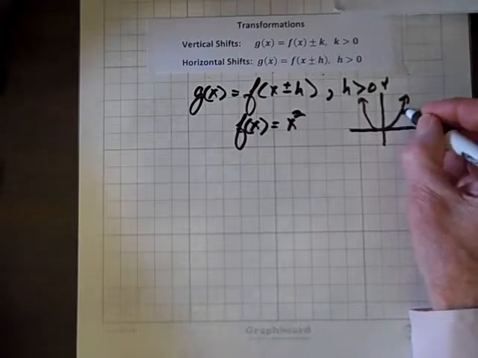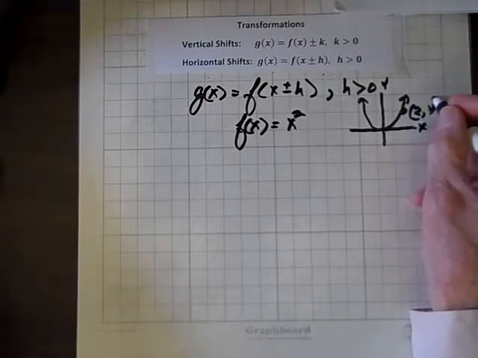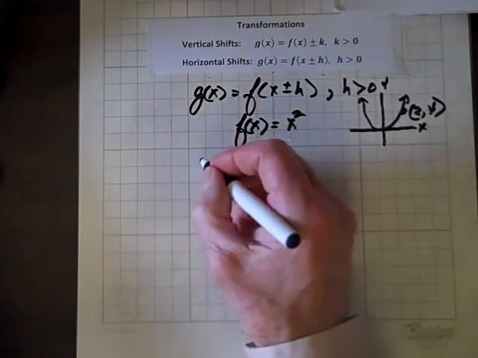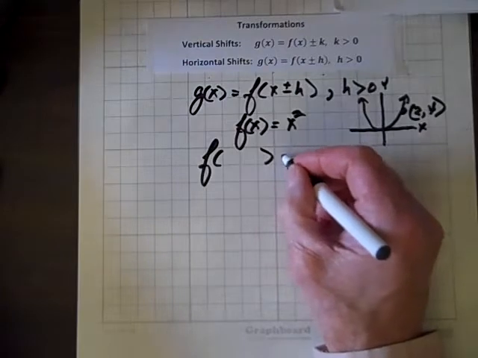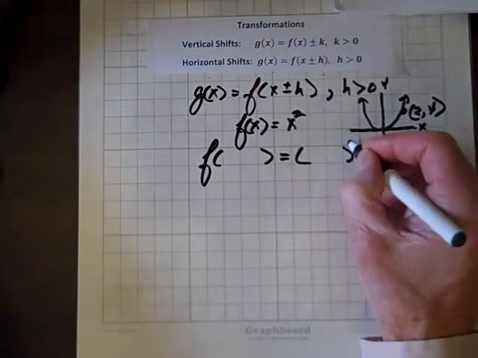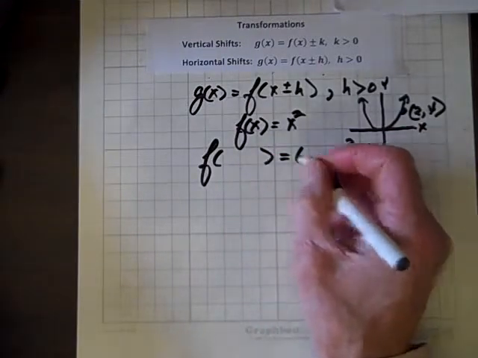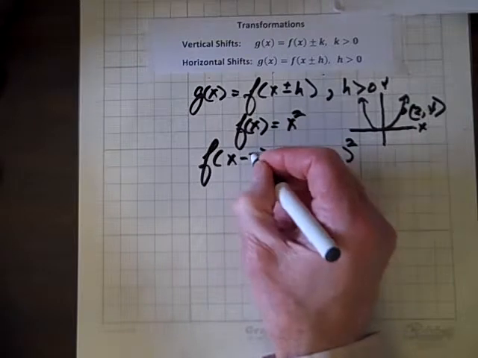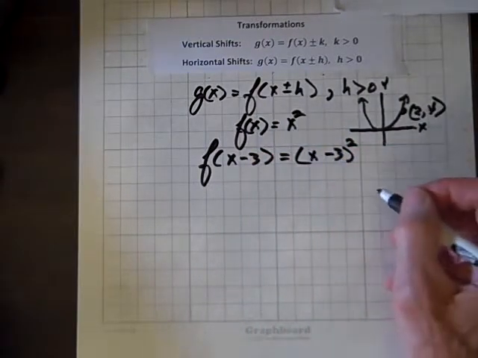A point on this parabola is 2, 4, and we also know that we can replace the variable with parentheses, and whatever we install here we must install there. So I'll put an x minus 3 here and a corresponding x minus 3 there.